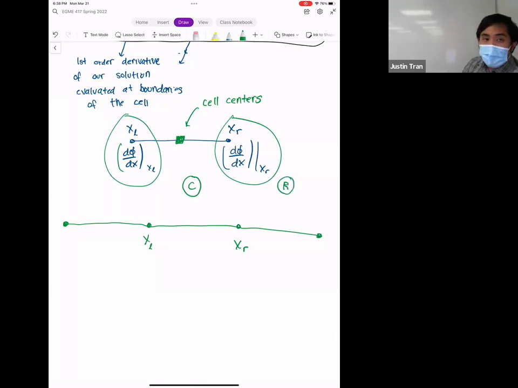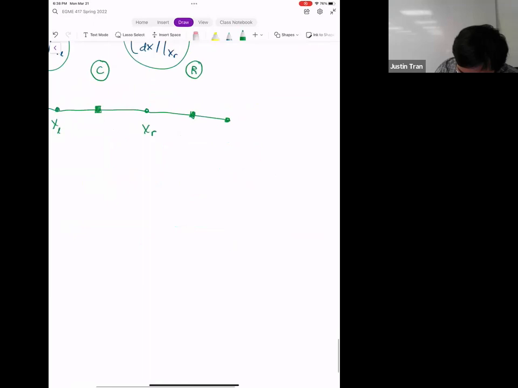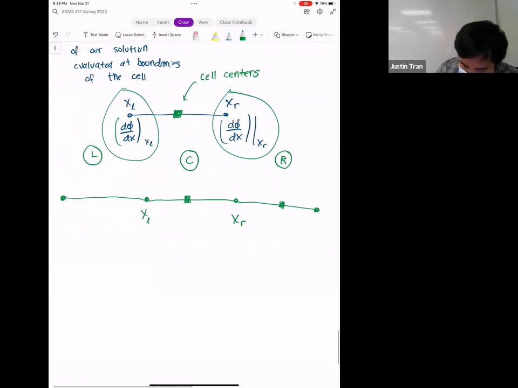The cell immediately to the right of this one we'll call cell R, and the cell immediately to the left we'll call cell L. The corresponding solution values at the cell centers will be marked with the squares, and these will be phi C, phi R, and phi L.